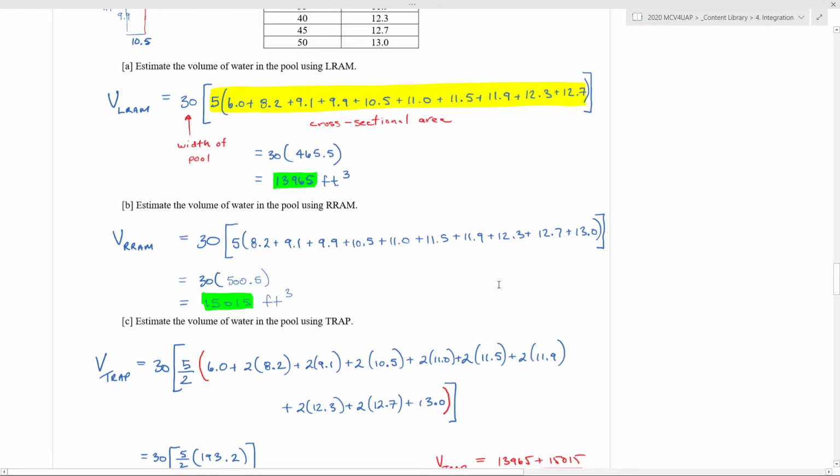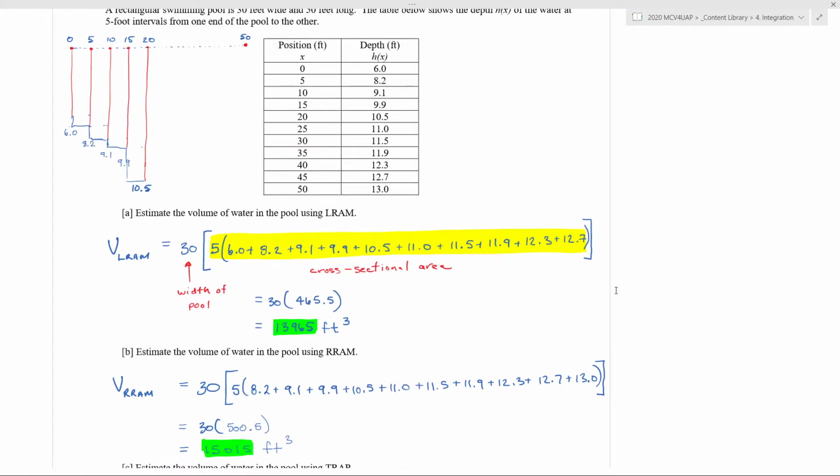Where's the mistake? Okay, I'm not getting that anymore either.